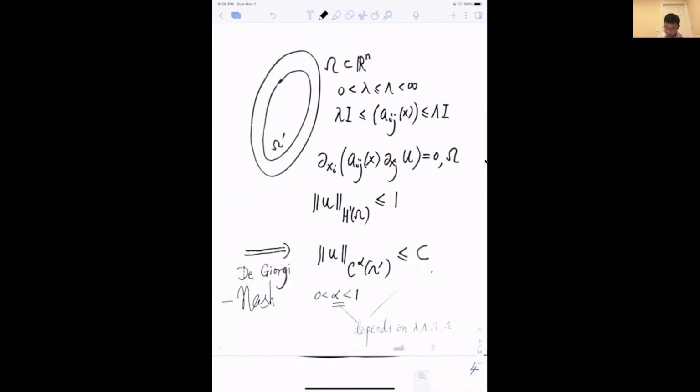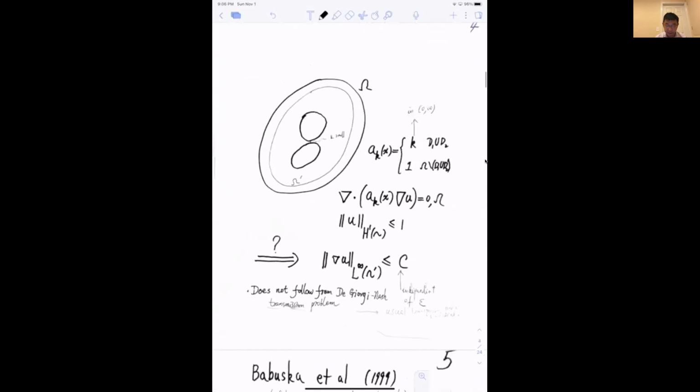The alpha depends on the ellipticity lambda, and Omega prime. This is the De Giorgi-Nash theory.